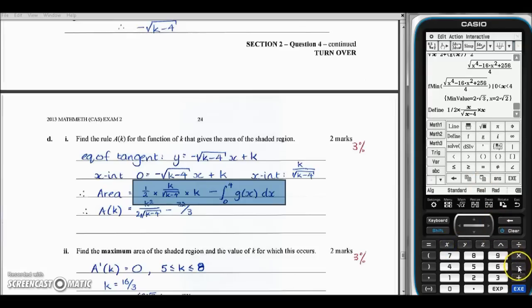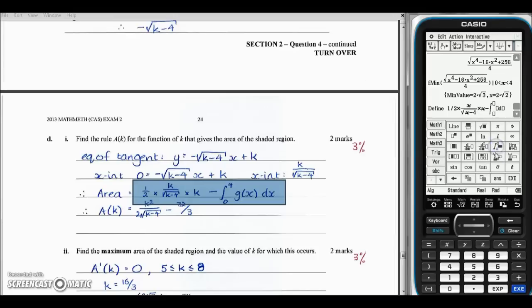I think it'd be an easy thing to do. Okay, and 0 to 4 of g of x, which is still defined from before. So that's handy. I don't have to go back up my screen looking for that.